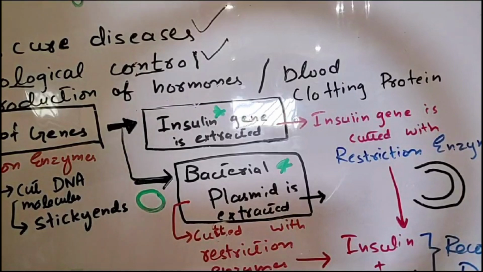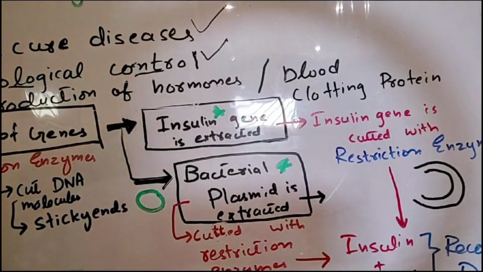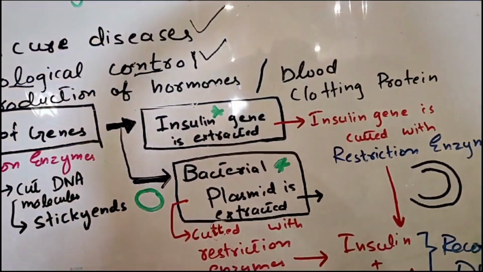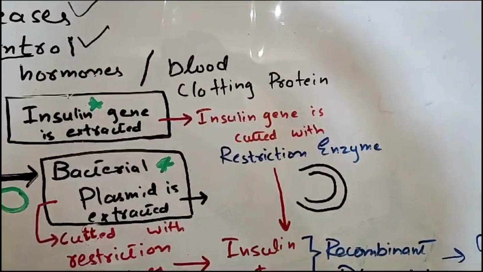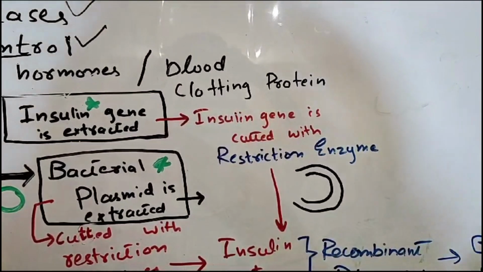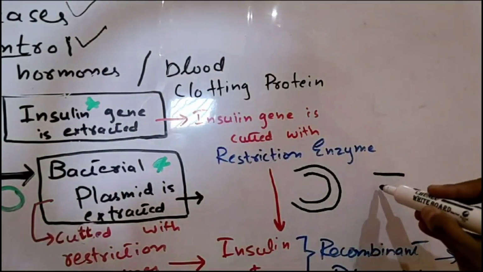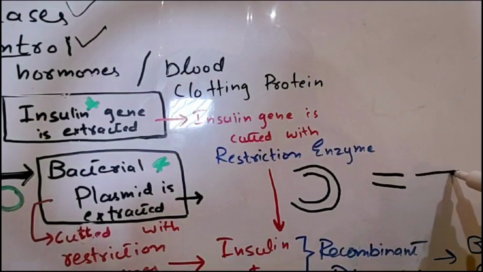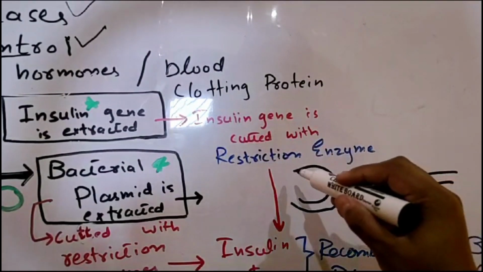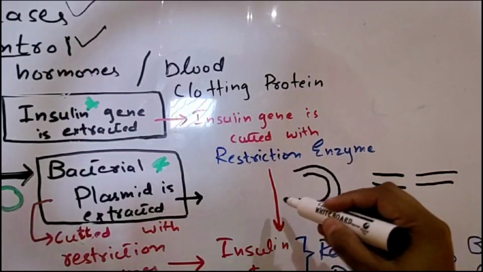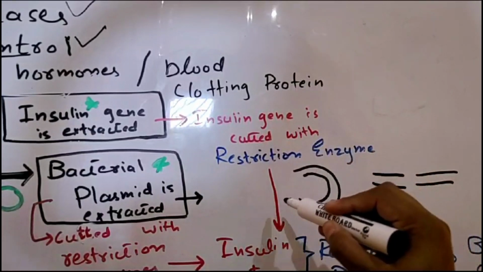And what are the blunt ends? Blunt ends are like that. Restriction enzyme cuts the DNA unequally, but somehow blunt ends are also produced. You can see the equal cuts. Sticky ends are unequal in length.